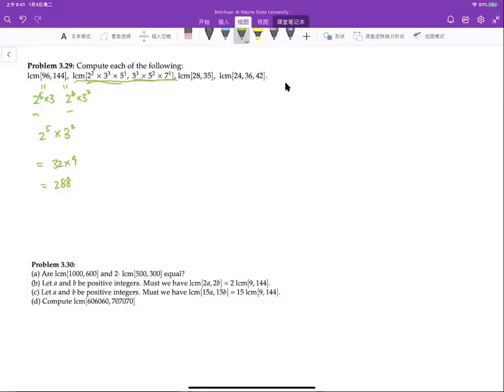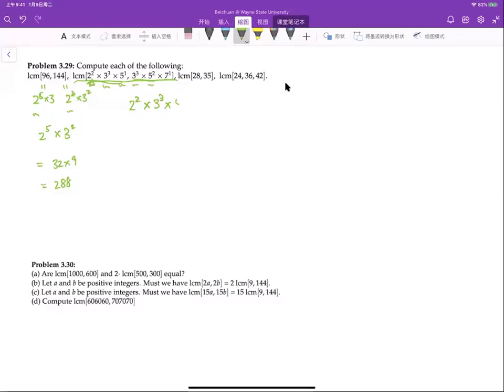All right, so let me do it. So you can see that only the first factorization has the power of 2. So we just copy that. And then both of them have the power of 3, and we just pick the larger one, which is 3 cubed. And both of them have the power of 5.